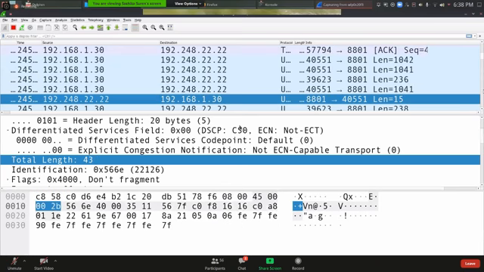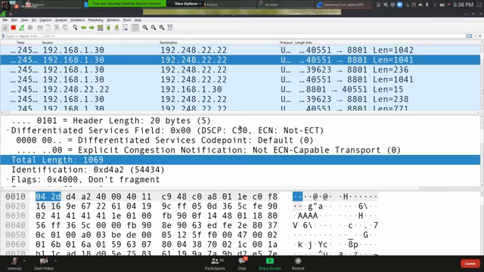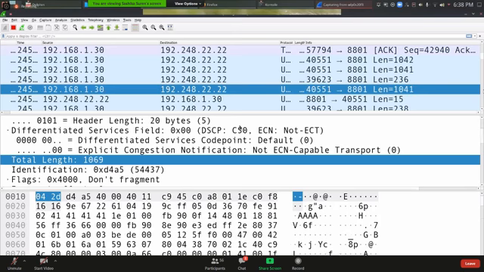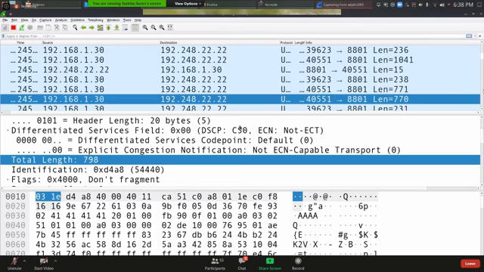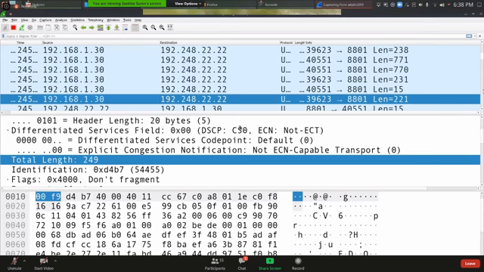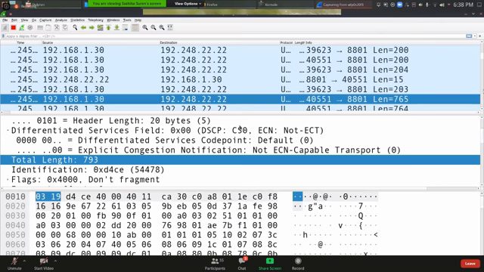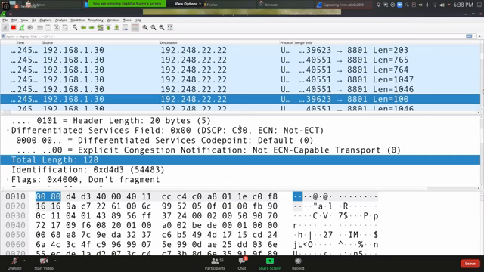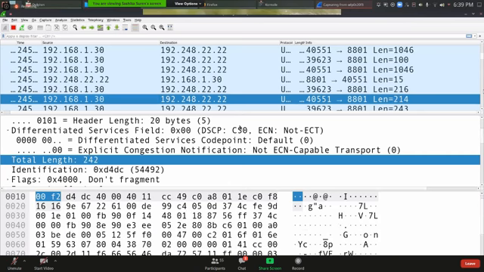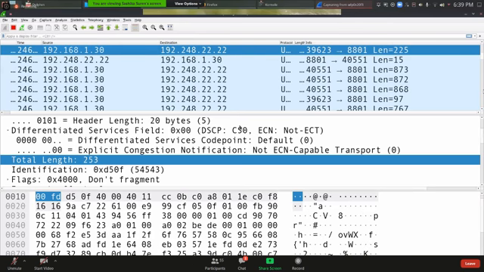By looking at the total length and the header length, you will definitely be able to calculate the size of the data carried by a particular data packet. Are you clear, guys? Yes, sir.